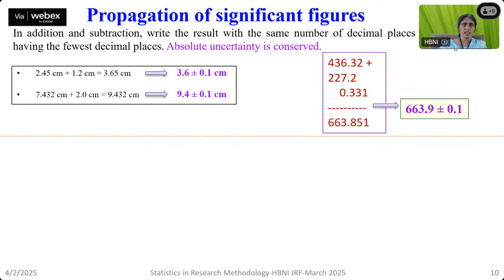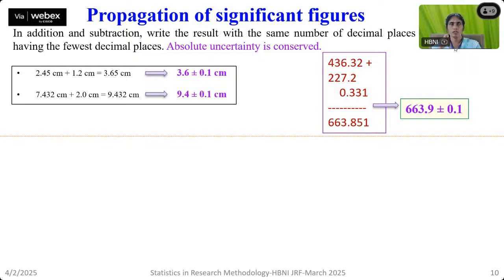In addition and subtraction, you can just have a thumb rule. Absolute uncertainty is conserved. Otherwise, a very easy way to check is that the result of your final operation will bear the same number of decimal places as the number which has the fewest decimal places.